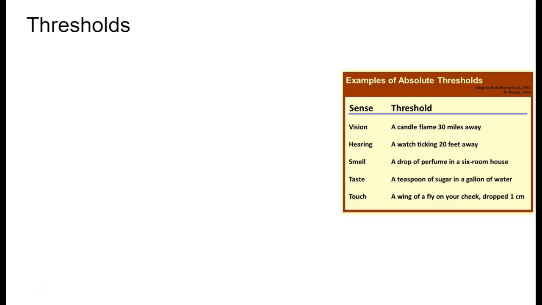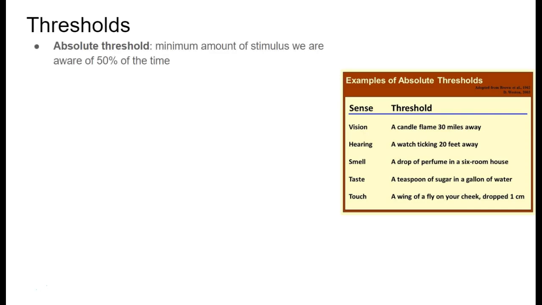When it comes to sensation, we have what we call thresholds. The first is the absolute threshold, and this is the minimum amount of stimulus that you're aware of 50% of the time. Use the chart over to the right for an example. When it is pitch black, 50% of the time, people with good vision can see a candle flame 30 miles away.